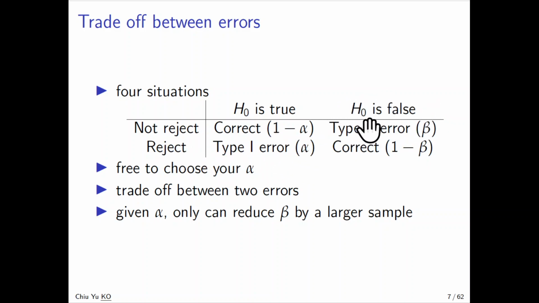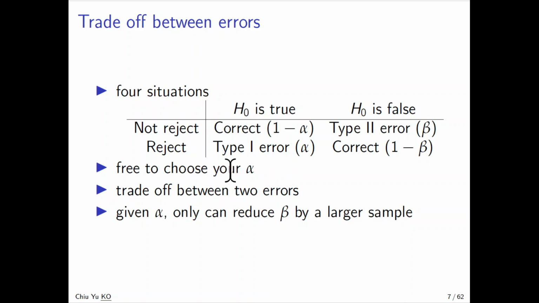When the null is false, you want to reject it. If you don't reject it, that is beta, and the power of the test is 1 minus beta. Alpha is something we can choose. Basically, it is how large a sampling error we allow, because it is the chance that we reject the null when it is true. So it is the tolerance of sampling error.